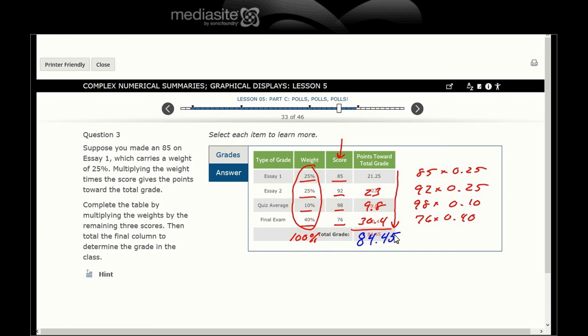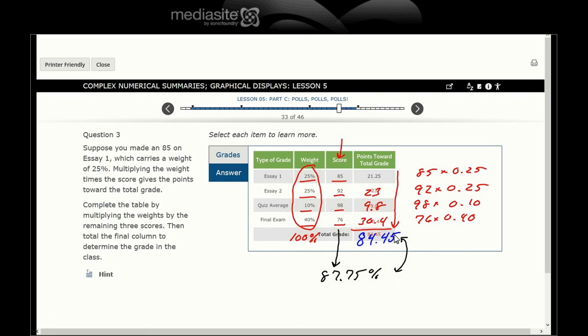Now, recall from the previous page, if we just added up the scores and averaged them, it was an 87.75%. So the weighted average was actually lower than the raw average. Why is that?